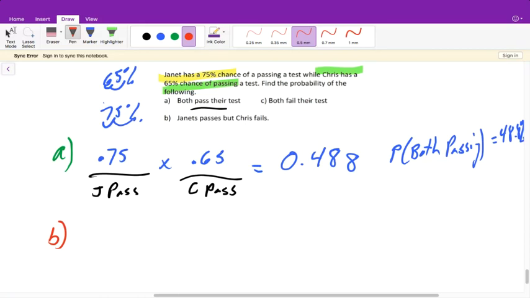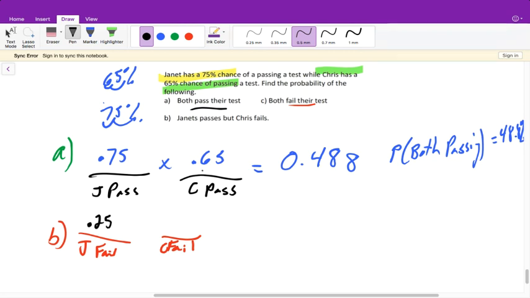Now for B, it's a little bit different. It says they both fail. So that means Janet is failing and Chris is failing. Well, if Janet passes 75% of the time, when she takes the test, she's either going to pass or fail. Even if you get a 60, you still pass. So it's either you pass or you fail. So that means if she is passing 75% of the time, she is going to fail 25% of the time, or 0.25.